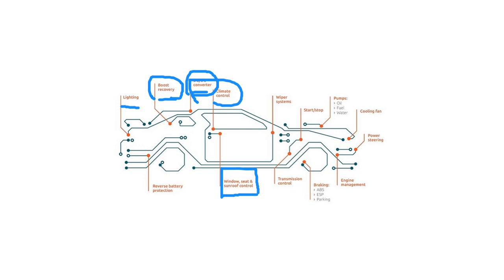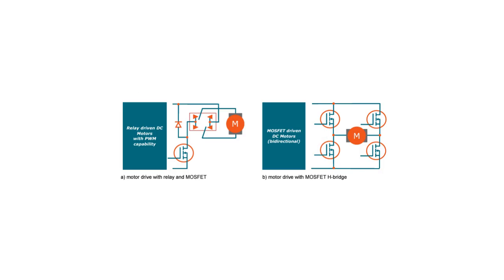Normally, for example, 10 years or 20 years ago, in DC motor control in automotive applications, they were generally using relays. Now, relay and MOSFET, because you can estimate it. A relay is very cheap. They don't need any microcontroller or any peripheral IC components.